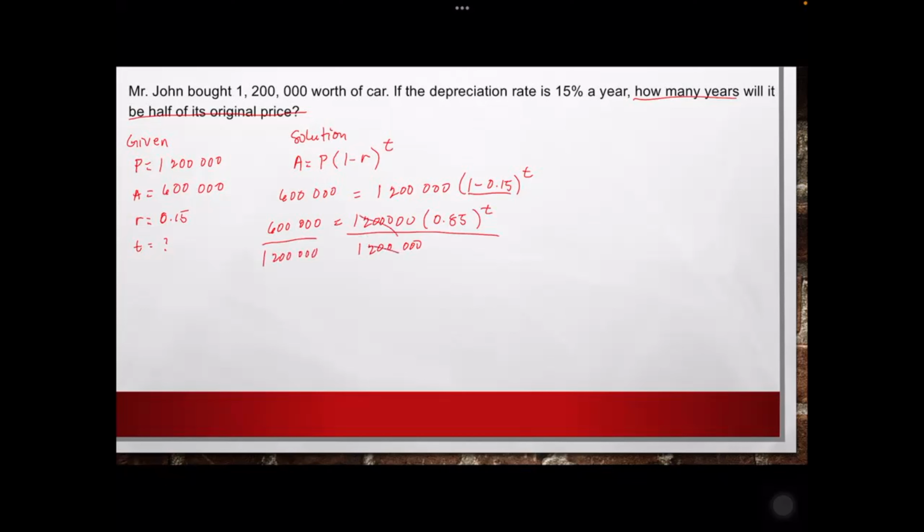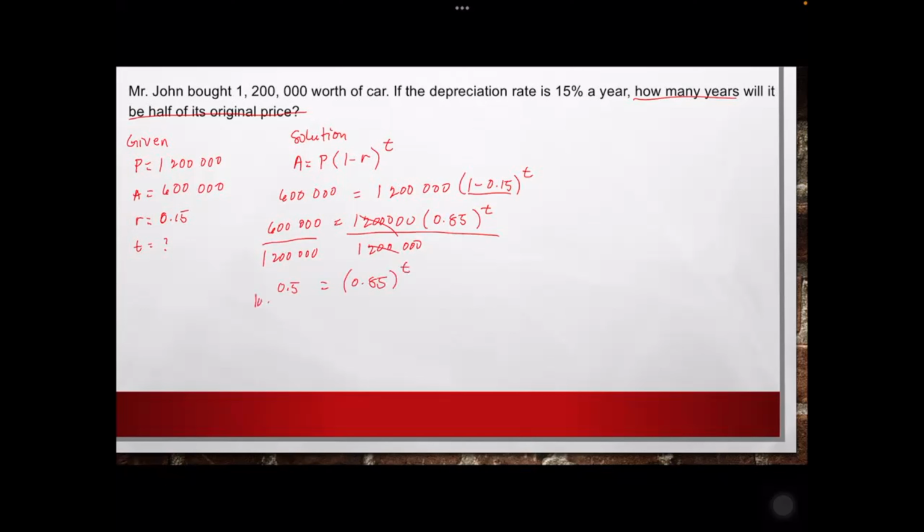So, para maka-cancel yan. So, in this case, magkakaroon tayo dito ng 600,000 divided by 1,200,000. This will be 0.5 or 1/2. And 0.85 raised to T.